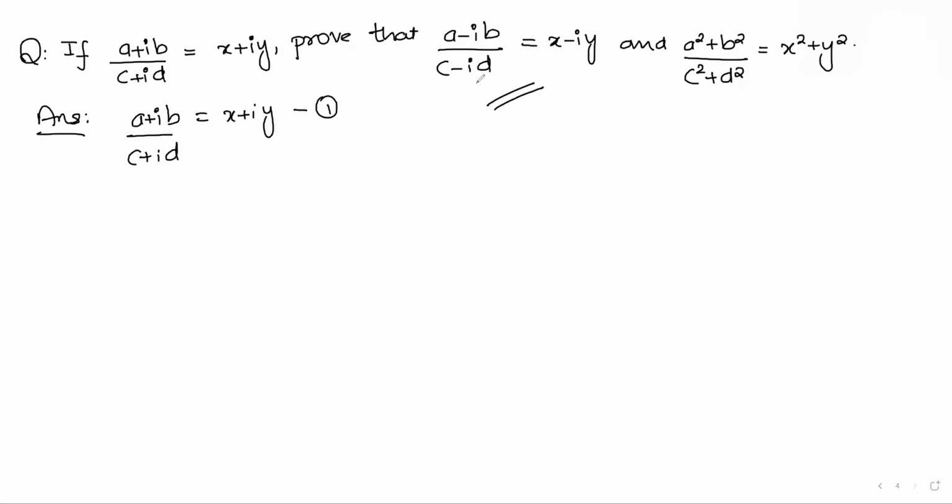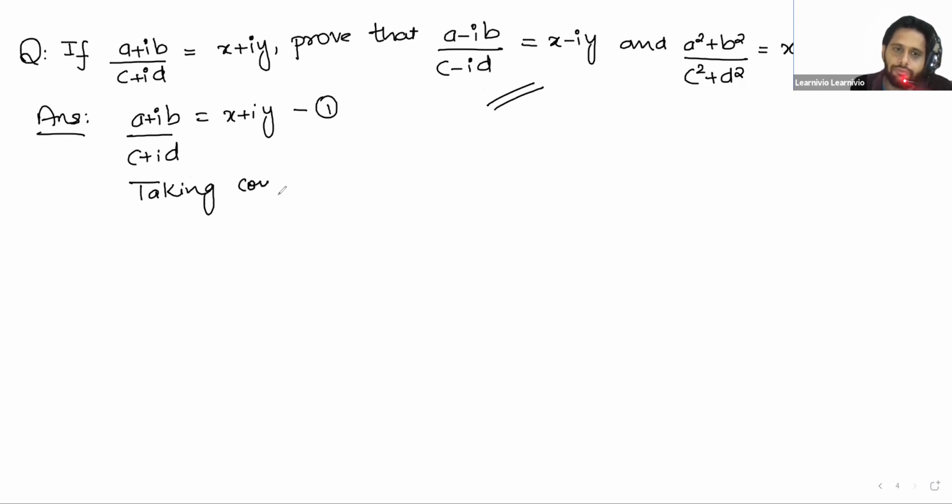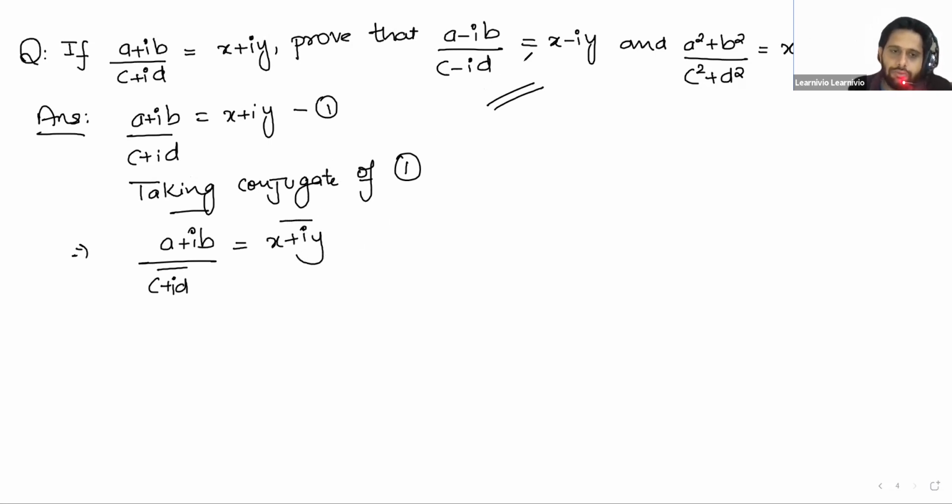We'll find the conjugate. Very good. So taking conjugate of one, what will this become? This will become the conjugate of (A + iB)/(C + iD), and this would be equal to the conjugate of X + iY.